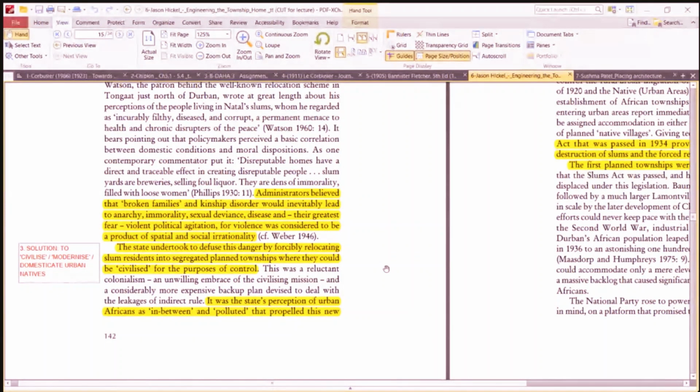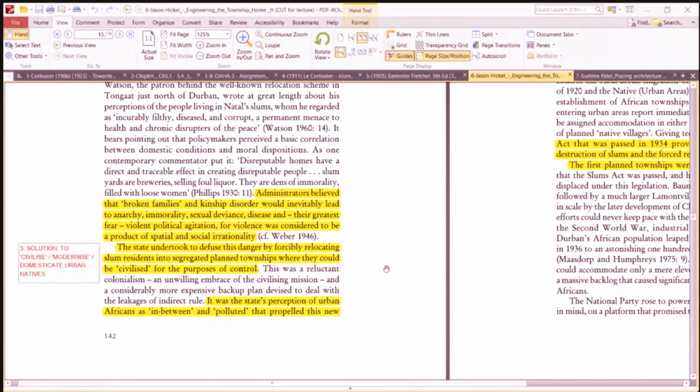So the state undertook to diffuse this danger, right? So the new black urban Africans must be managed to diffuse the danger that they pose to the colonial city. And how will they do that? By forcibly relocating slum residents into segregated planned townships where they could be civilized for the purposes of control, right?